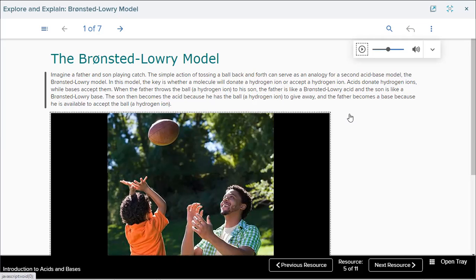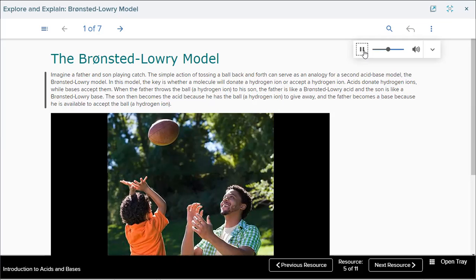While his son will be what? Acceptor. So this father can be called acid according to Bronsted-Lowry because he gives hydrogen, while his son is considered as Bronsted-Lowry base because he accepts hydrogen, or accepts this ball. Right? This example.